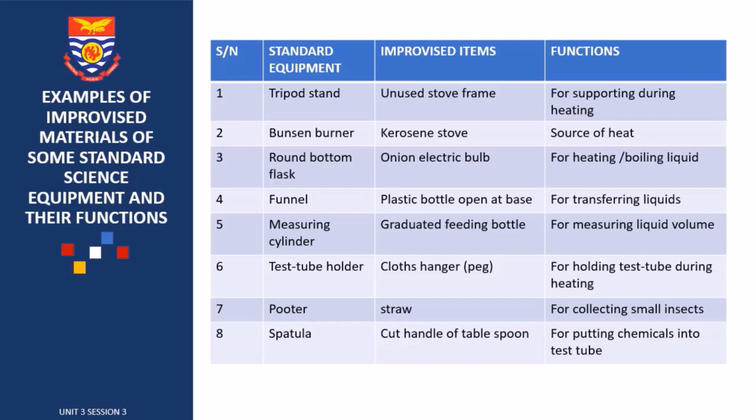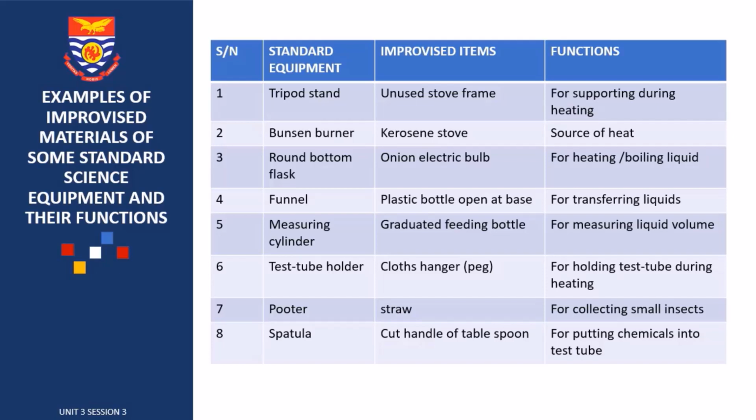Also, the test tube holder, which could be used for holding test tube during heating, can be replaced by a peg or a cloth hanger. This peg should, however, be wooden so that it is not affected by the heat transfer on the test tube.